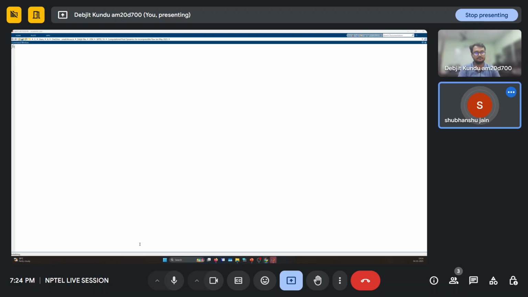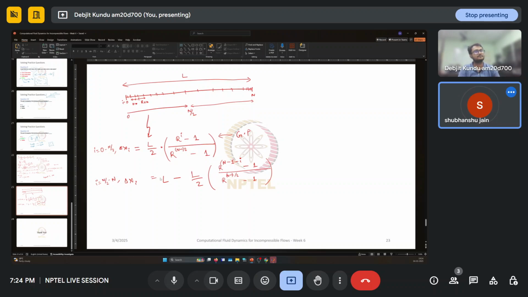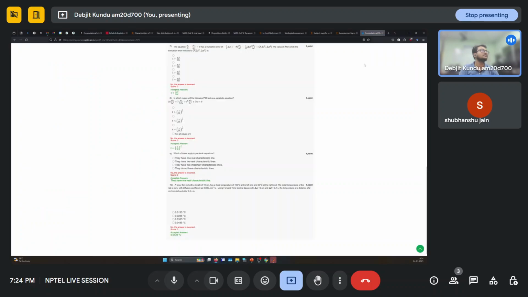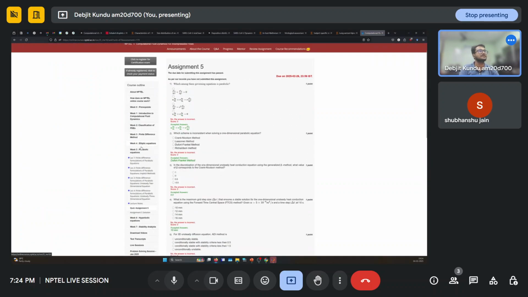Sir, can you explain once again when we have to write k plus 1, k and k minus 1 in the superscript? For which case? The use case differs from scheme to scheme. I think you're thinking about the Gauss-Seidel method, right? Point Gauss-Seidel, yes sir. Let's go to the lecture.